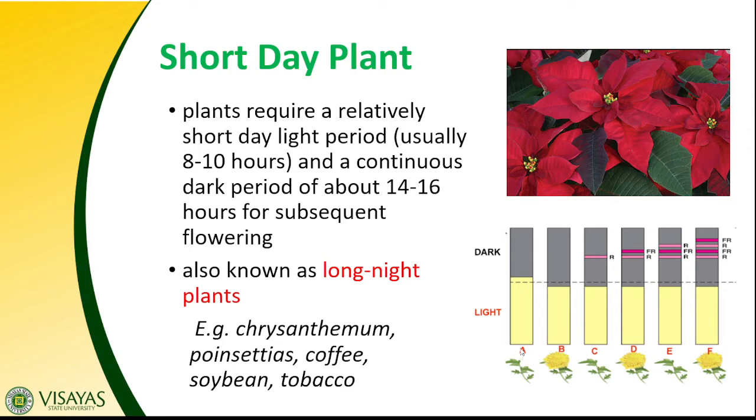So for this plant in A, when it is exposed to light that exceeded the critical day length and there is a shorter dark period, the plant will not flower, because this is a short-day plant and it is being exposed to long-day condition in this case.